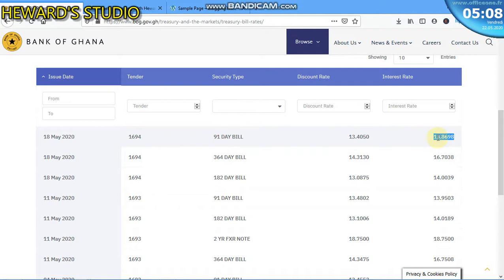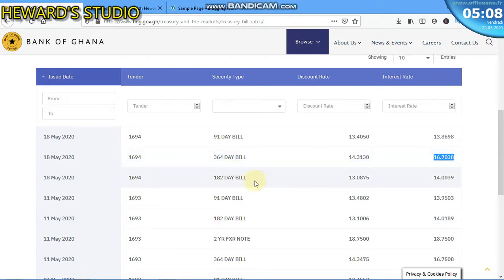You have to note that. Also, this is for the 364-day bill, which is for the 1 year. For the 1 year, you don't divide, you don't do anything with it, because the interest that you see here is per annum. It means for the whole year.